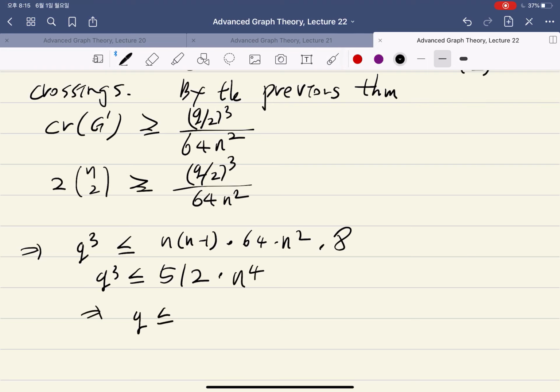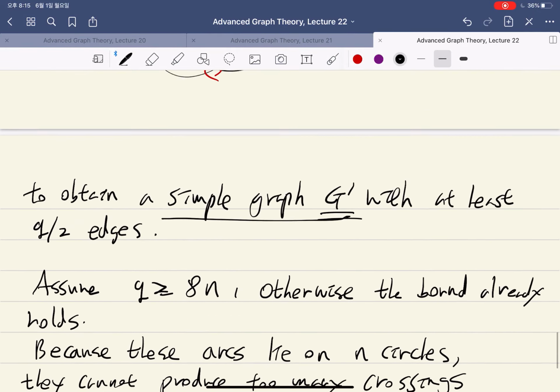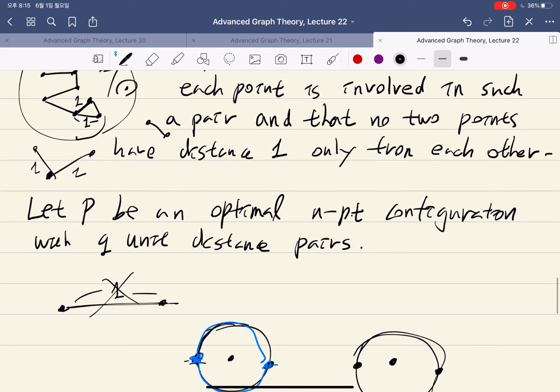So Q is at most 8 times n to the four thirds. So this proves this upper bound.